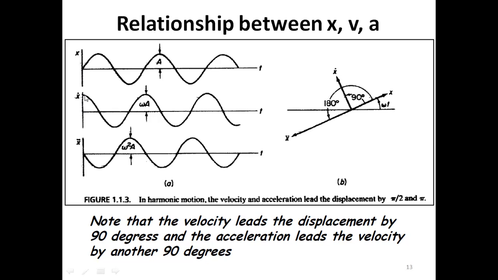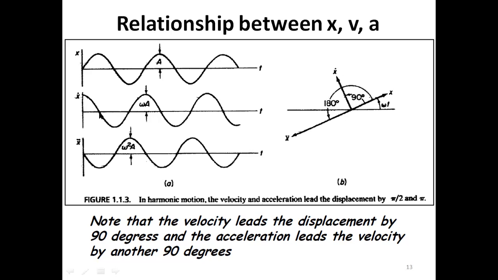As it is moving towards the top extreme position, its velocity is decreasing. And its velocity would become zero because at the extreme position, the mass would become stagnant. So its velocity would be zero.